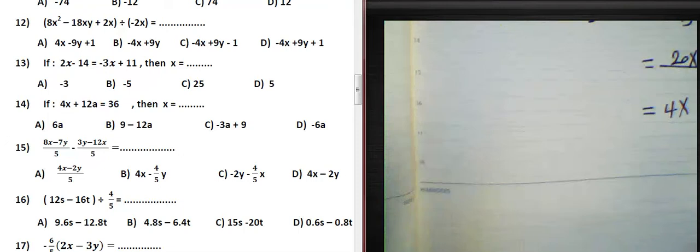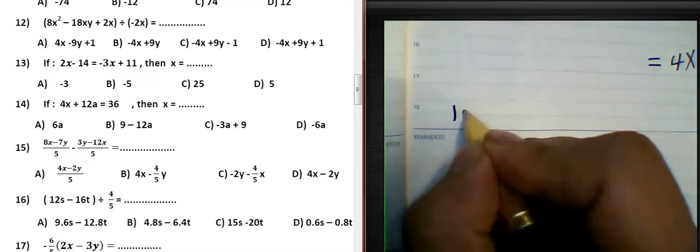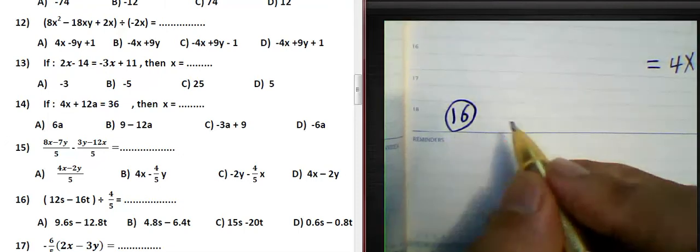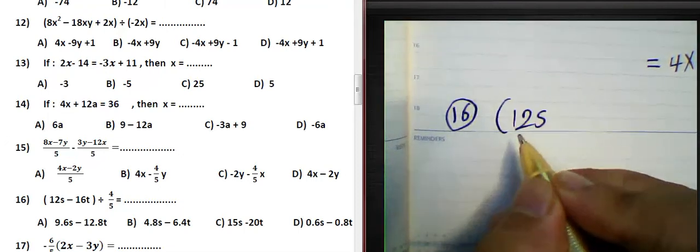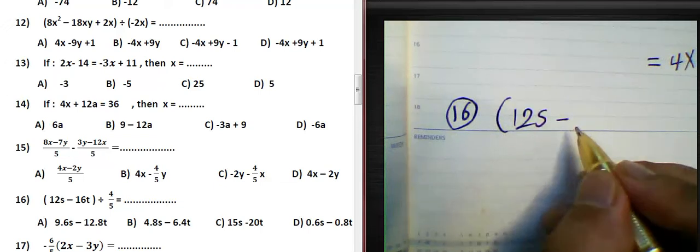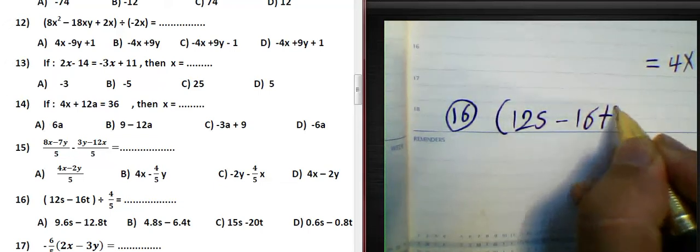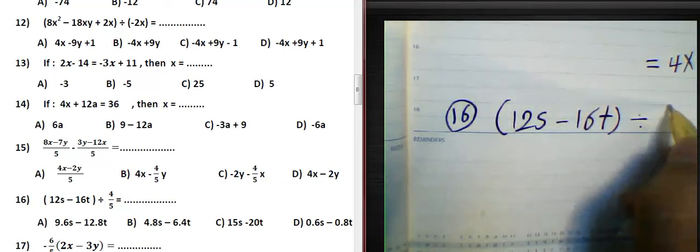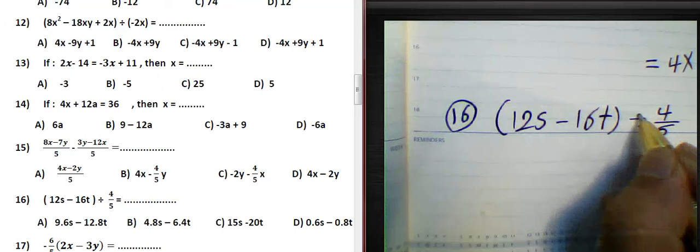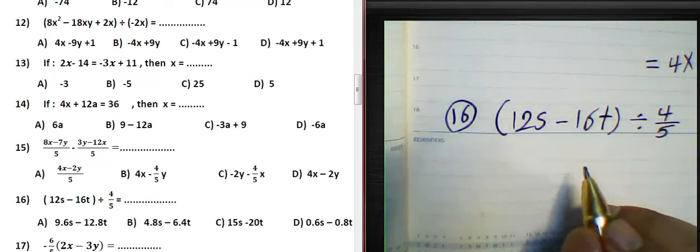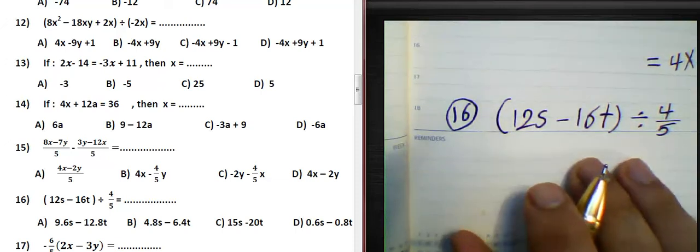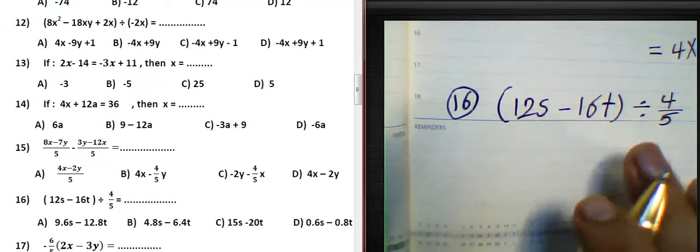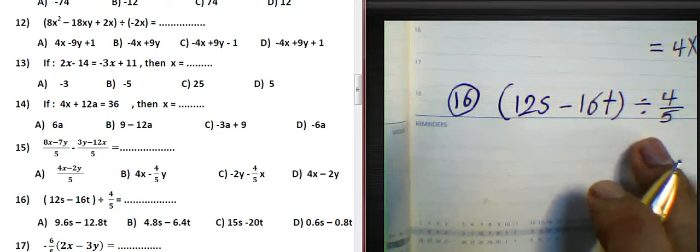Question number 16. 12s subtract 16t, divided by 4 over 5. Who can solve it? We can use distribution in this step. Okay, convert the first step, division to multiplication.